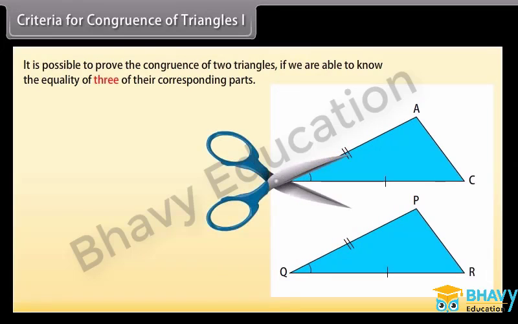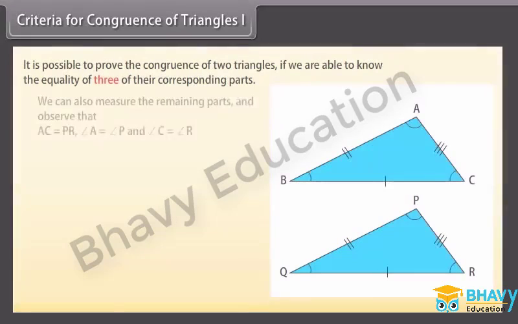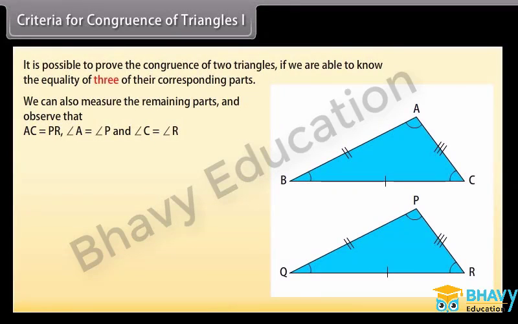If we trace or cut out triangle ABC and place it over triangle PQR, we will observe that one covers the other exactly. Thus, we may say they are congruent. Alternatively, we can also measure the remaining parts and observe that AC is equal to PR, angle A is equal to angle P, and angle C is equal to angle R, showing that triangle PQR is congruent to triangle ABC.